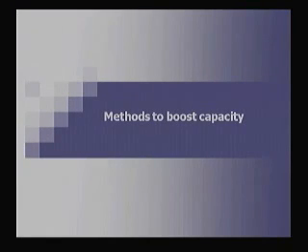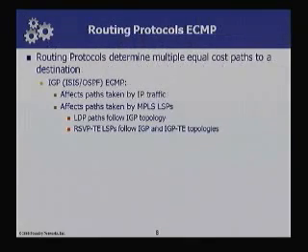So let's look at how you boost capacity in the network. As we talked about the routing protocols, you can determine multiple equal cost paths to a destination. So your IS-IS and OSPF protocols will affect paths taken by the IP traffic. Very common, they use the metrics and the SPF calculation.